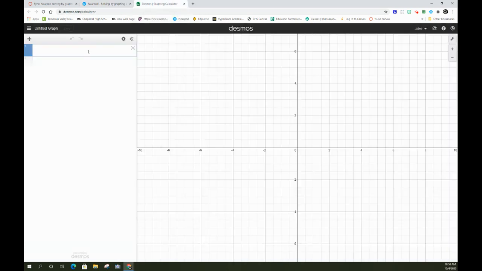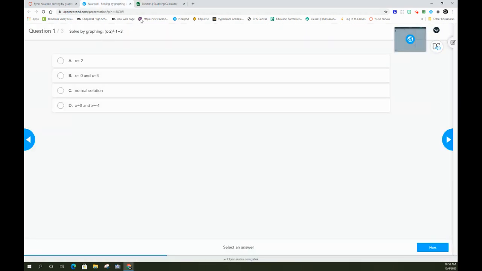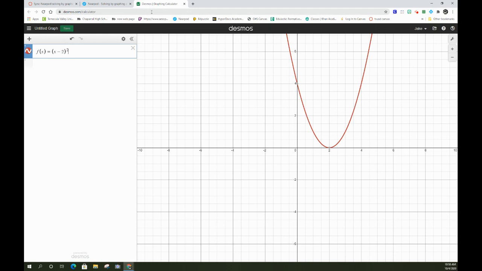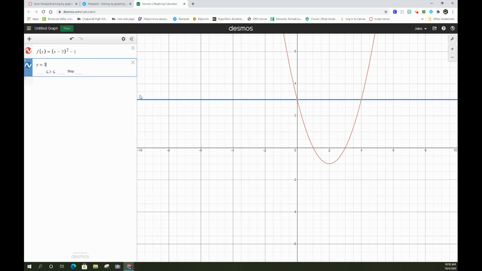So I type in f(x) = (x - 2)^2 - 1, and then I want to know when that equals 3. I draw a horizontal line at 3, and I can see that my answers are 0 and 4.